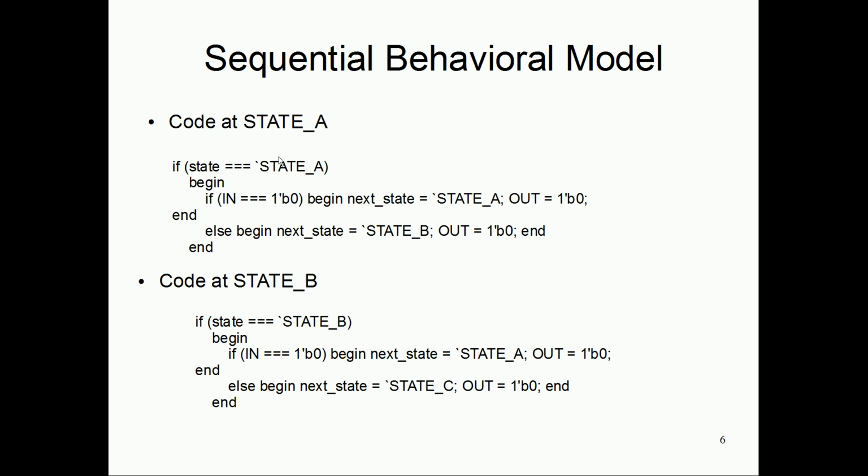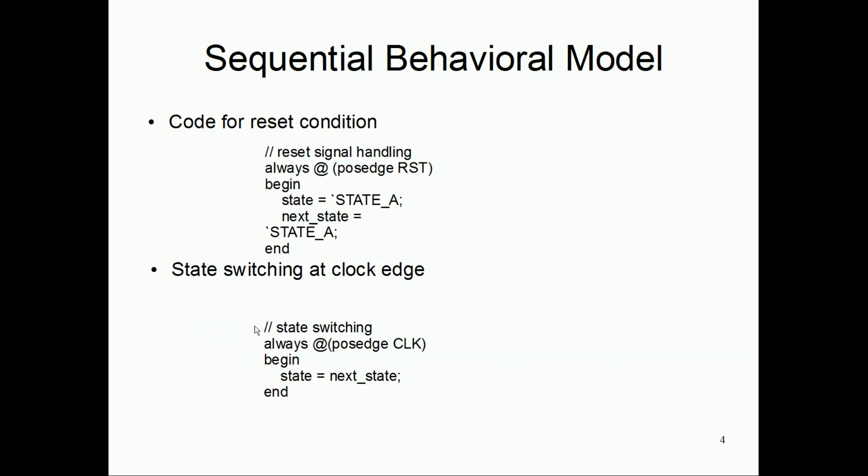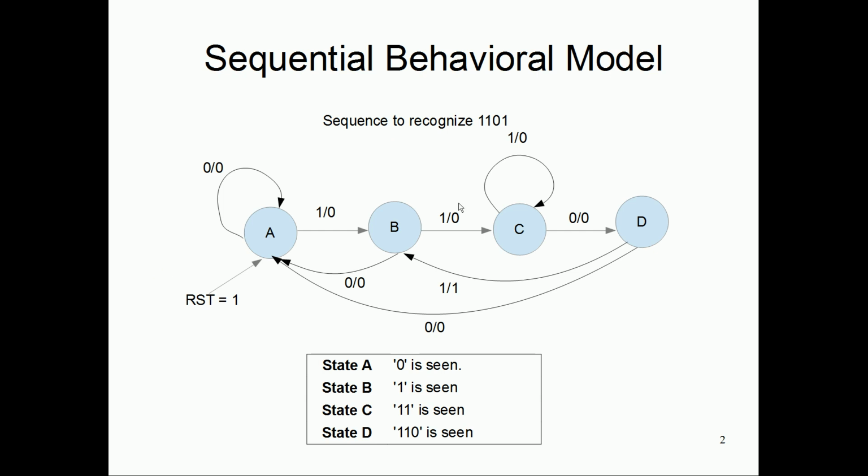If state equals state A, which is a bitwise equivalency check, then if the in value is 0, next state is A, out is 0. Else next state is B, out is 0. Similarly, code for state B: if we look at that state diagram, it says if it is 0, then go back to state A.